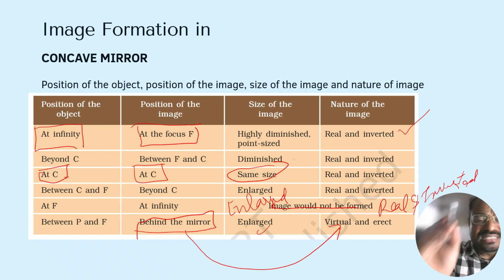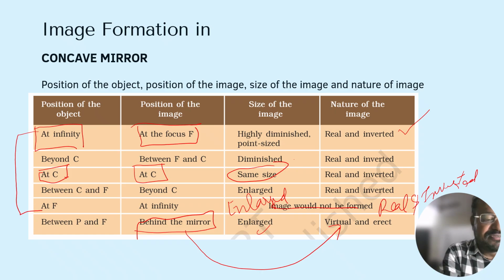For easy understanding, at infinity and at F, these are opposite. With the object at infinity, the image is at principal focus F. With the object at F, the image is at infinity. Beyond C and between C and F are also opposite: beyond C means you get the image between F and C, and between C and F gives beyond C. At C, it is the center, so it is the same size.